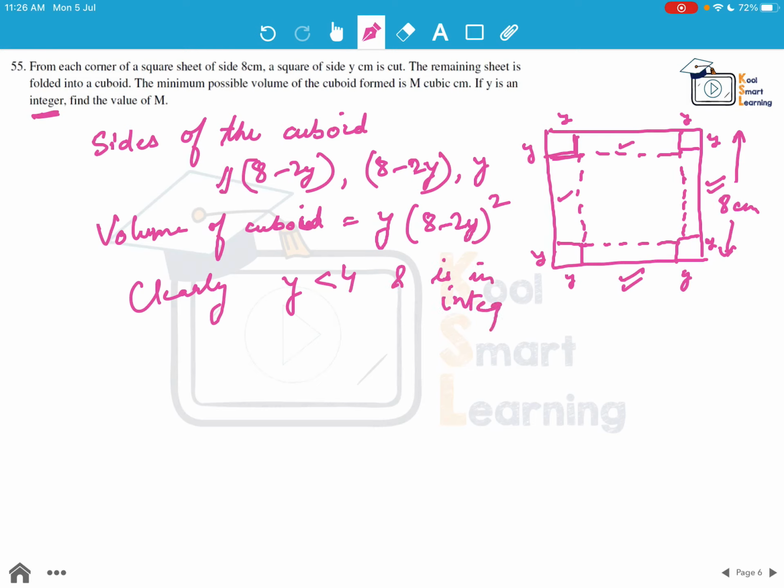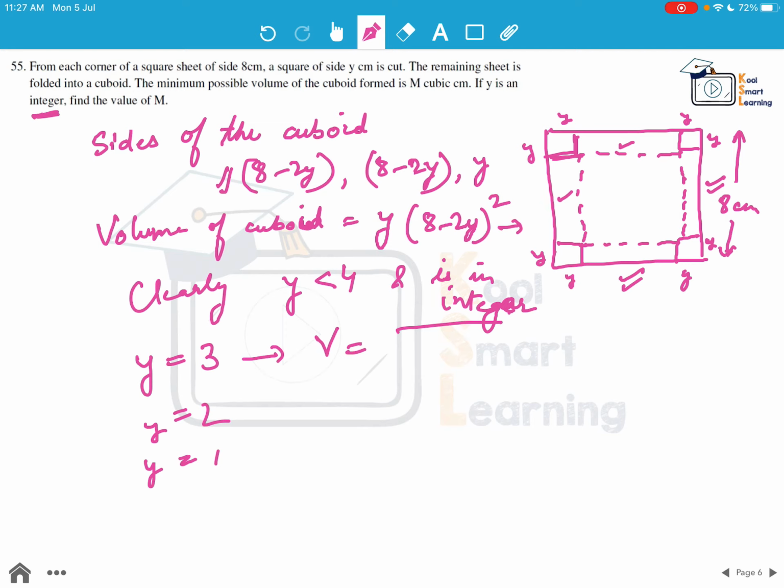This is not a necessary condition, but since it is already mentioned that this is an integer, these are the two conditions. So now what are the possible values of y? Y can be 3, y can be 2 or 1.